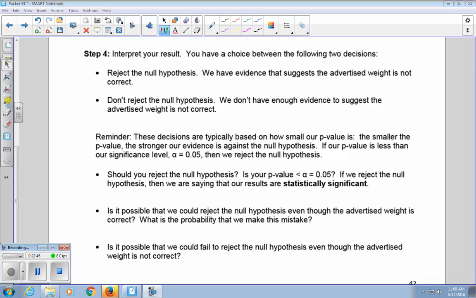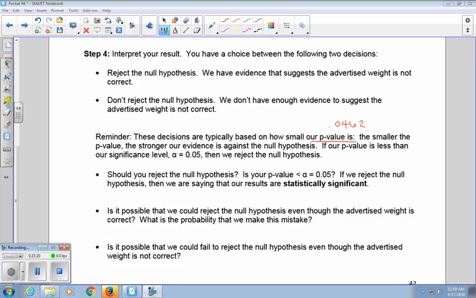So these decisions are typically based on how small our p-value is. So remember, our p-value from the previous page, or I think from above, is 0.0462. The smaller the p-value, the stronger our evidence is against the null hypothesis. So the smaller the p-value, the less the probability of just seeing that sample mean by chance.